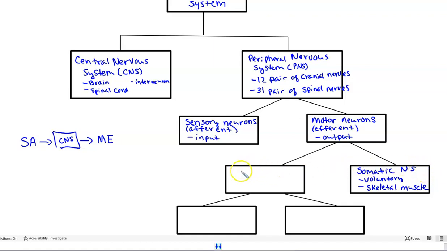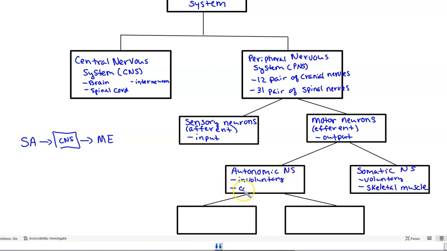And then the ones you don't control are part of your autonomic nervous system. Auto means you don't control it. It's automatically going to happen, so these are the involuntary. You can't really control those.